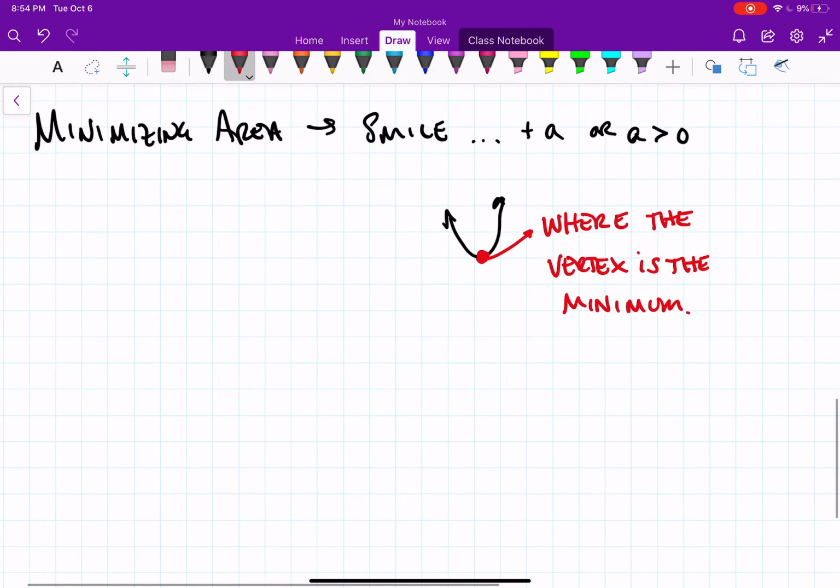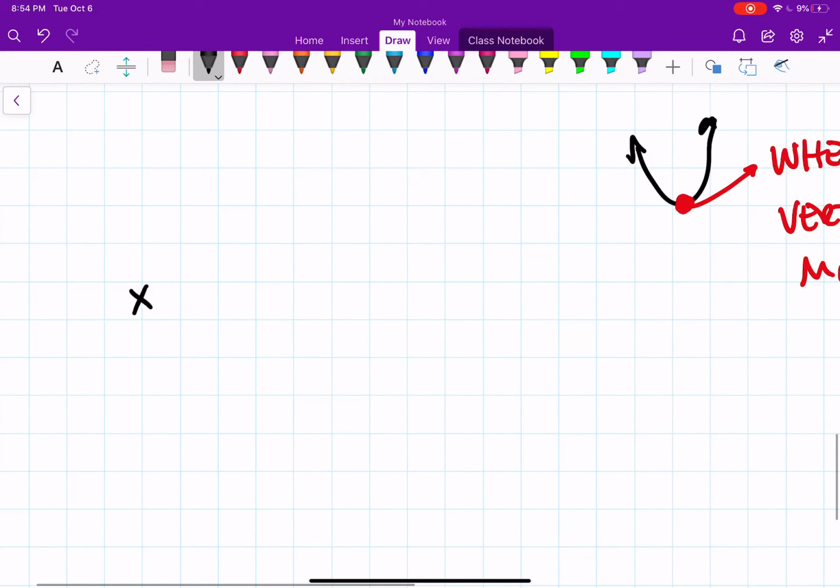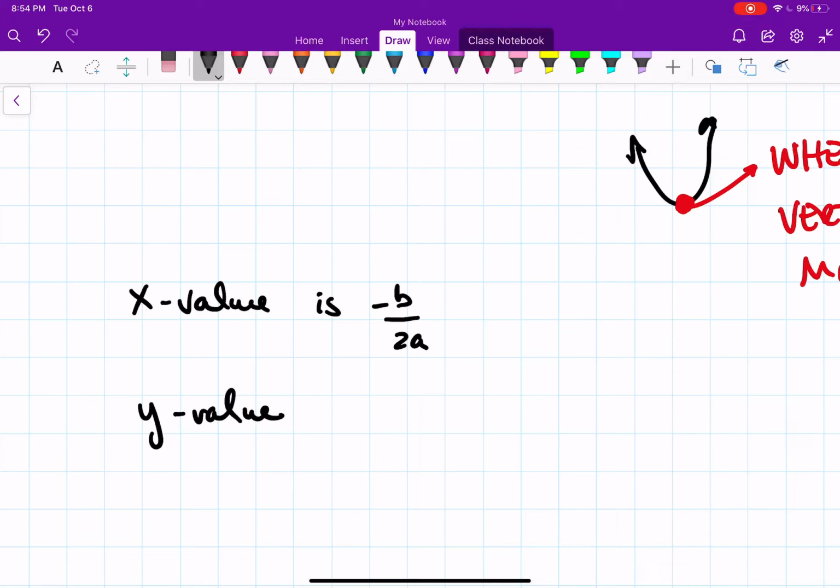And again, the x value is negative b over 2a, and the y value is f of negative b over 2a.